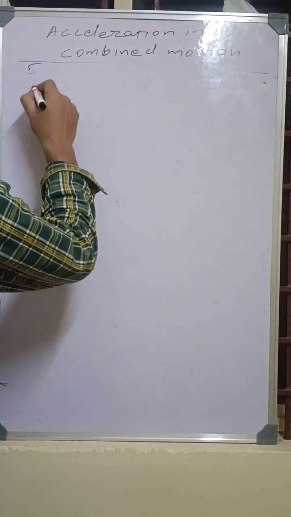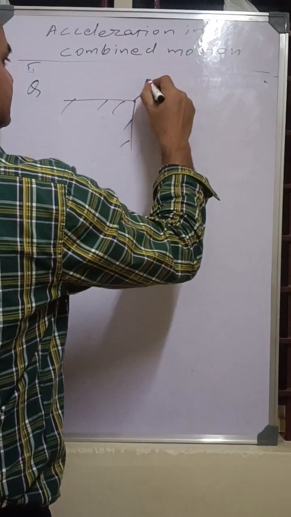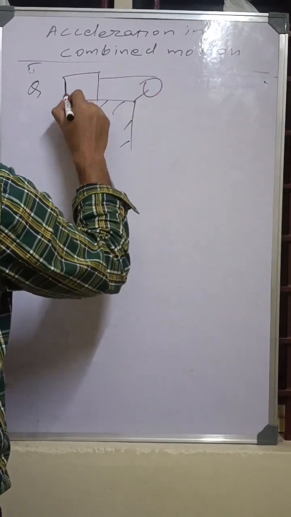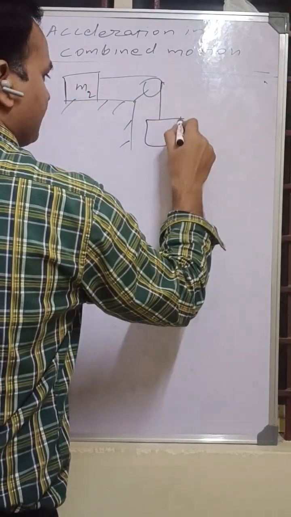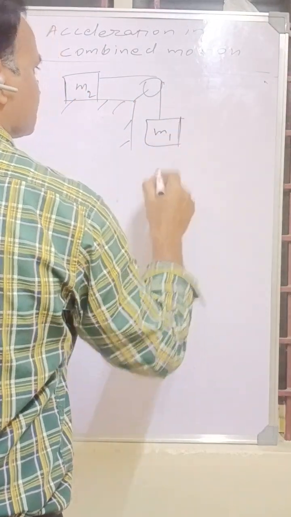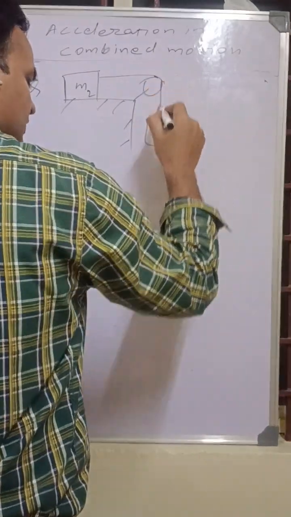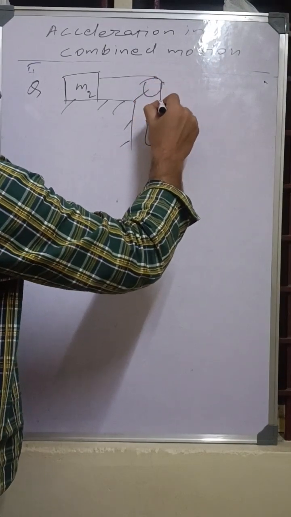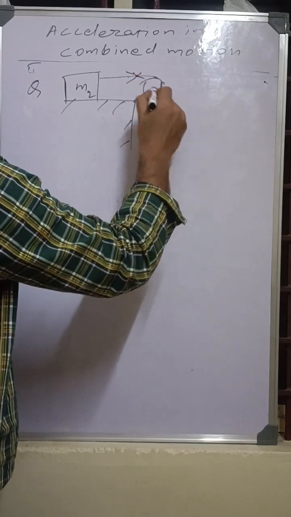The second question is like that. You have this type of surface on which there is a pulley and mass m2 here, and here will be the mass m1. If it is rotating here and the string doesn't slip, the pulley will rotate and the tension will be different on the two sides.